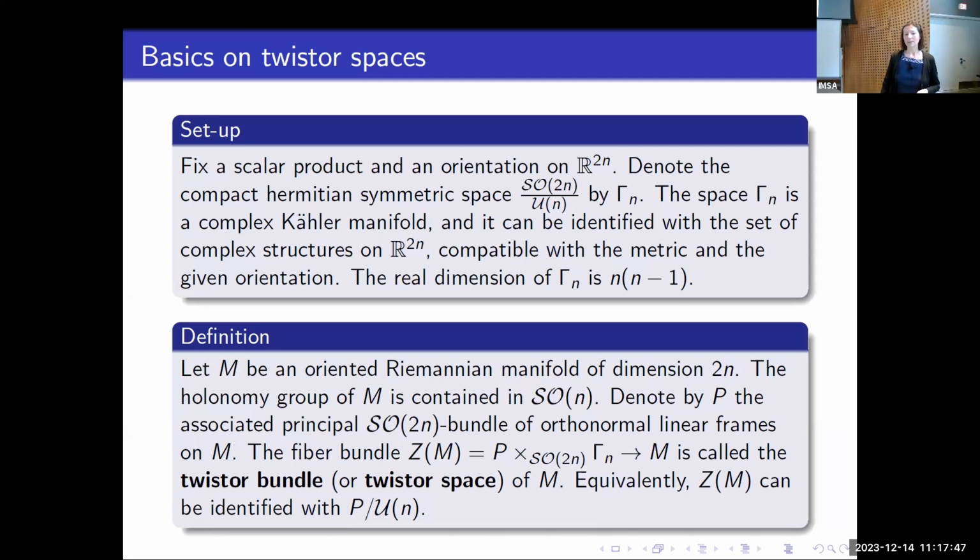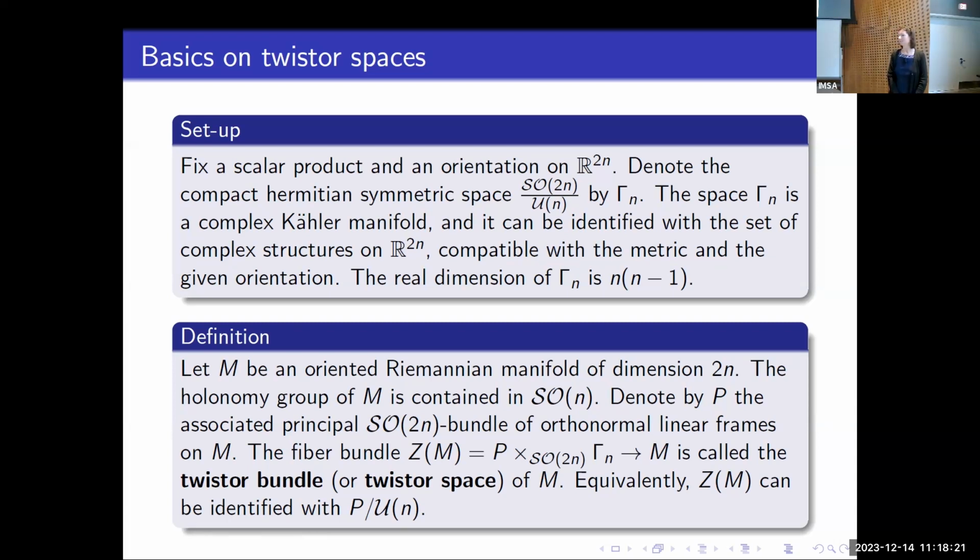Because the holonomy group of M is contained in SO(2n), let's consider the principal SO(2n) bundle associated to M. And the Twistor space is just the principal SO(2n) bundle modulo U(n).